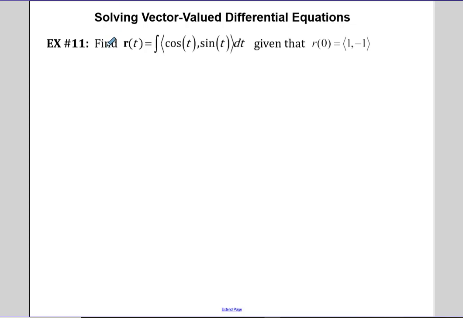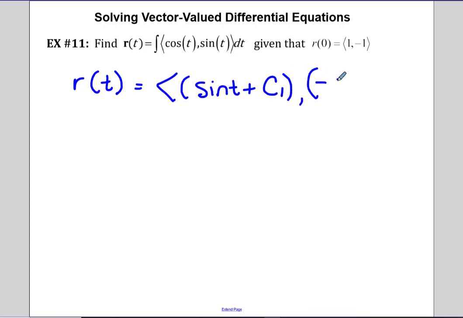In example 11, we want to find the r of t, which is the integral of cosine, sine, given that we've got this initial condition. So r of t is the sine of t plus a constant for the x component, and negative cosine of t plus a constant for the y component.